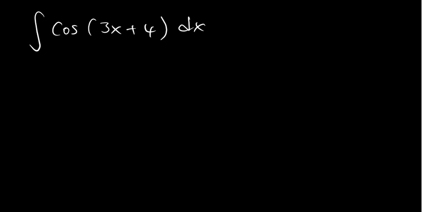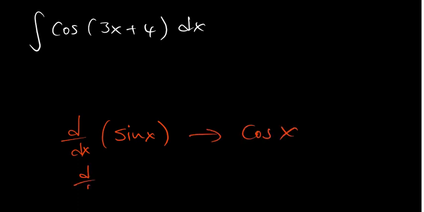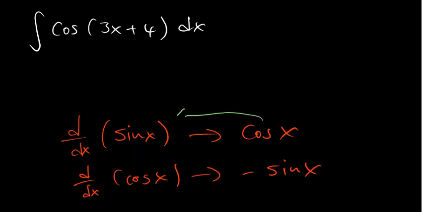One thing that you need to know is the derivative of sine x is cosine of x. The derivative of cosine of x is negative sine of x. So integration is the opposite. It's the opposite. If you get that, you're good to go.